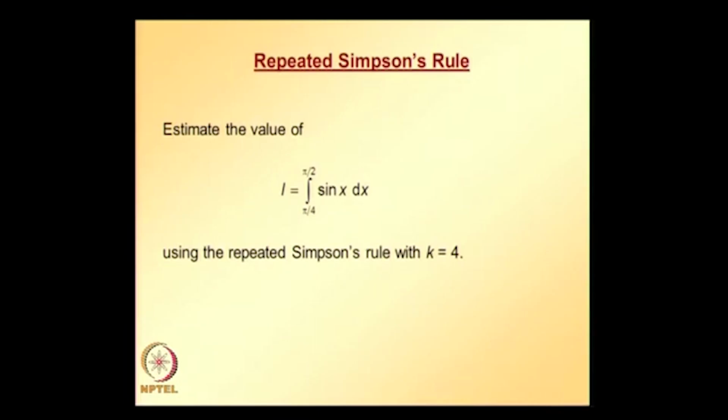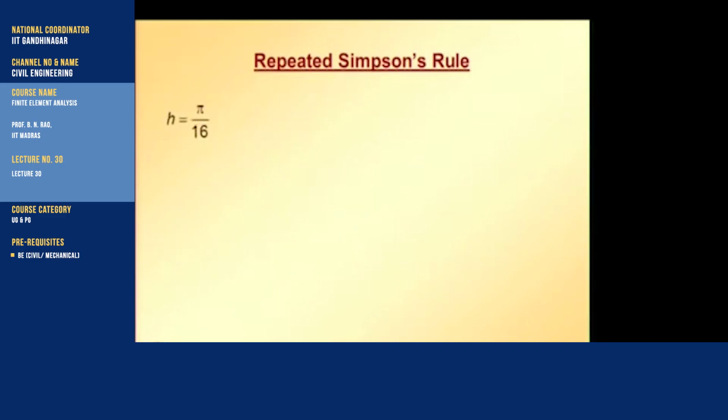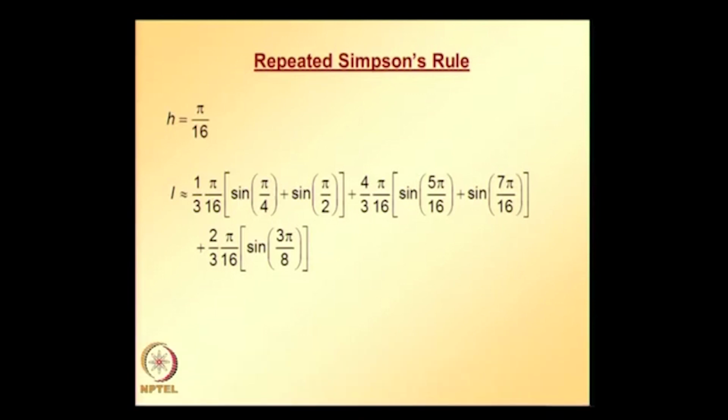So the width of each strip is going to be the upper limit minus the lower limit divided by 4, and it turns out that h is equal to pi over 16, and applying repeated Simpson's rule here results in this approximation of the given integral, which can be further simplified as 0.7071, and it matches very accurately with the exact solution up to the 4 significant digits that are shown there.